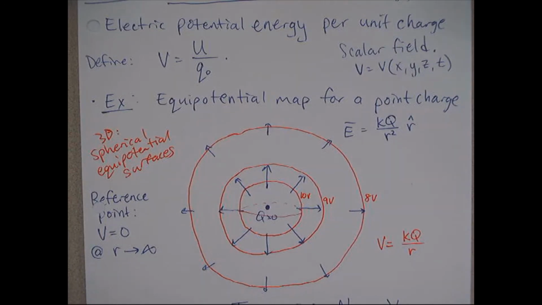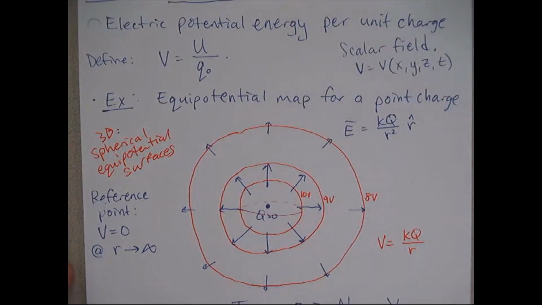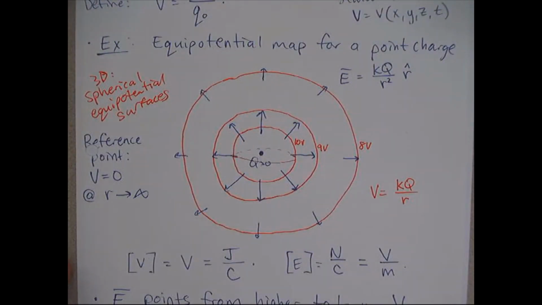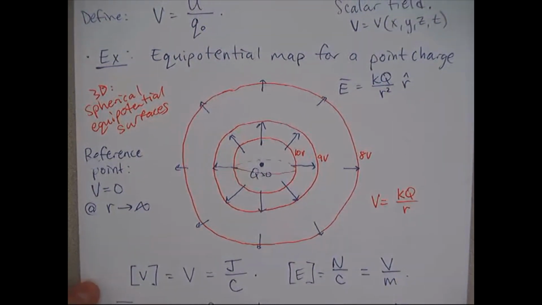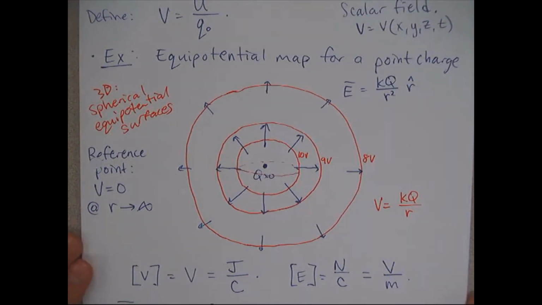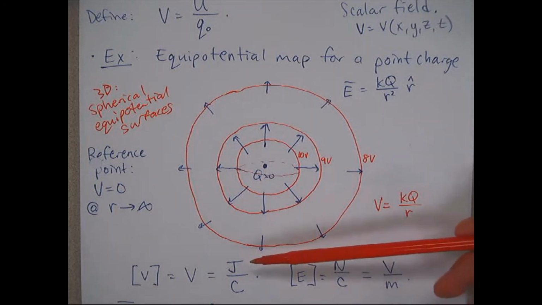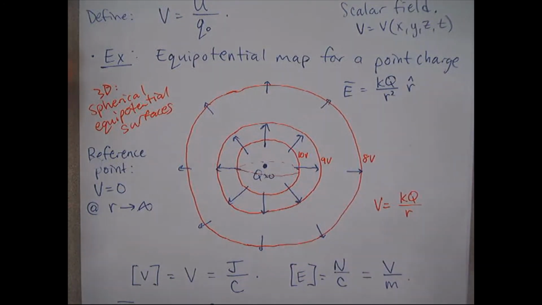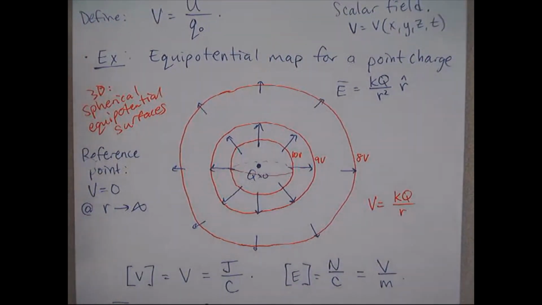What are units of voltage? If we define voltage as potential energy per unit charge, then you're looking at units of energy, joules, divided by units of charge, coulombs.